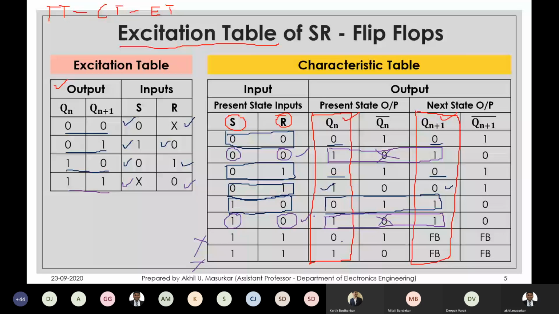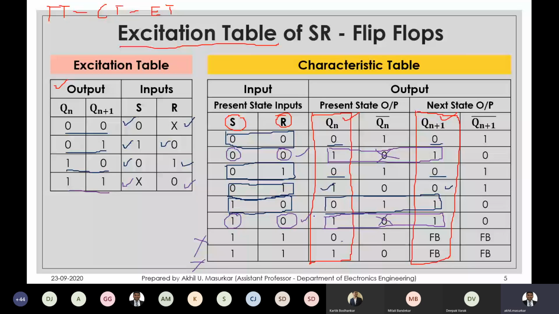Divya, see, whenever we start a particular circuit, either the circuit will be set or reset. That means all outputs will be initially 0 or all outputs will be initially 1.